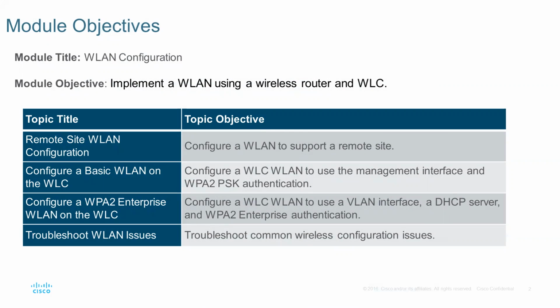So this will be a basic wireless network with a wireless controller, followed by an enterprise version where we use the servers for authentication. We'll then round it off with troubleshooting wireless issues.